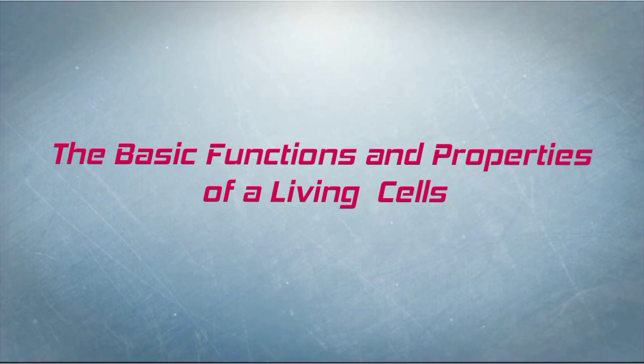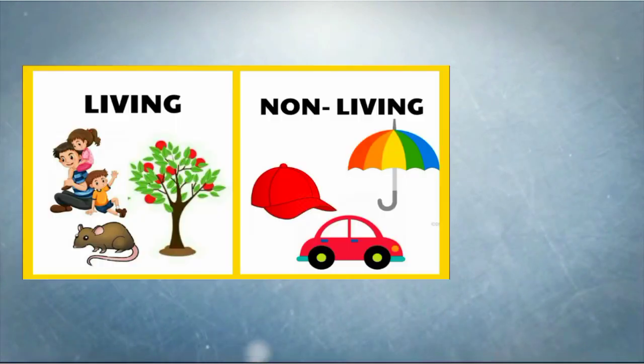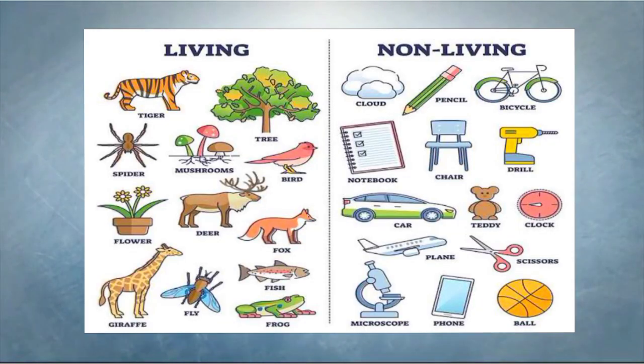Let's have a recap of what we learned in the last lesson. Now, in the last lesson, we talked about living things and non-living things. And we did explain that living things are things that have life, and they can also be called animate objects.